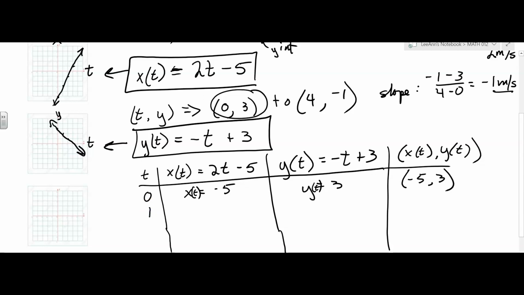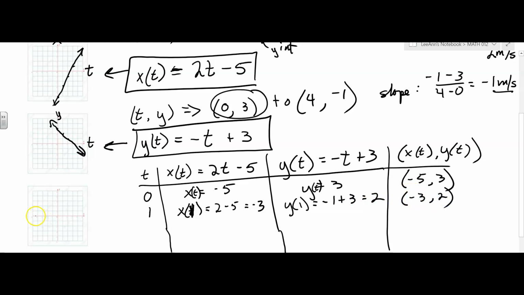Now, 1. So after 1 second, what is x of t? It should be x of 1. So x of 1 is equal to 2 minus 5, which is -3. And then what is y of 1? -1 plus 3, which is 2. So you get this ordered pair -3, 2. Now I'm going to go ahead and graph those two ordered pairs.